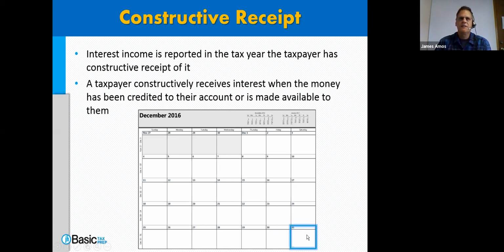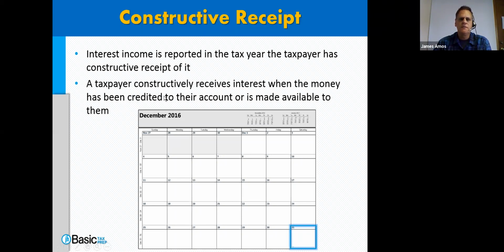Well, you technically could have run down and used the interest that's in that account and bought something with it, even though really you couldn't use it until maybe January 1st or January 2nd. You still had constructive receipt because legally the law says they're going to construct it or treat it as if you actually had possession of it, even if you didn't actually use it.